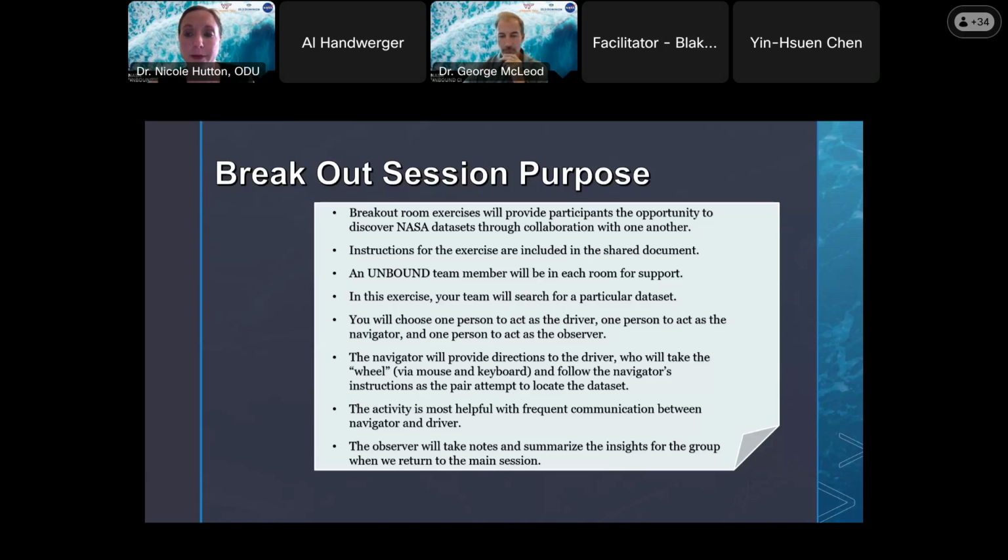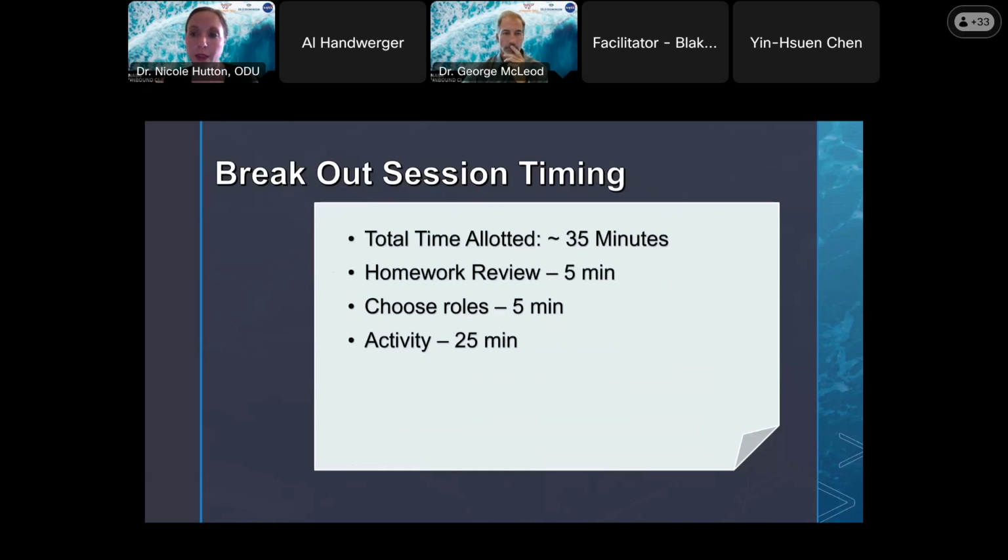The observer will take notes and summarize the insights for the group when we return to the main session, focusing on how the information was accessed and highlighting any sticking points encountered. These breakout groups are going to be 35 minutes, with 5 minutes to review the homework, 5 minutes to choose roles, and 25 minutes to find the new information.